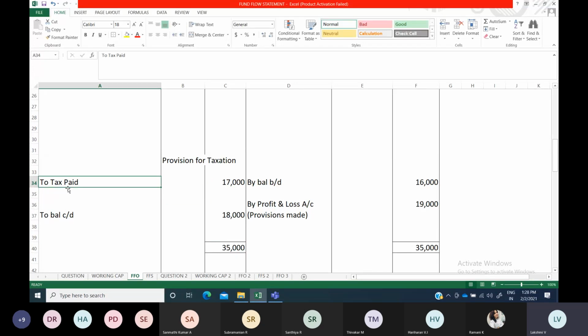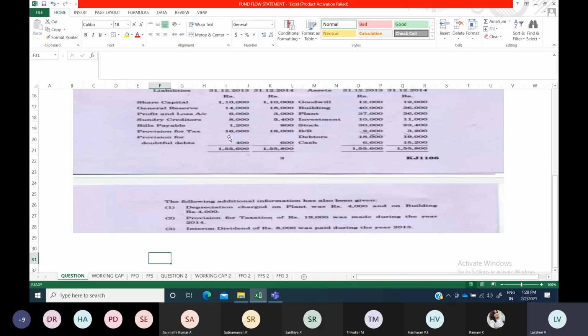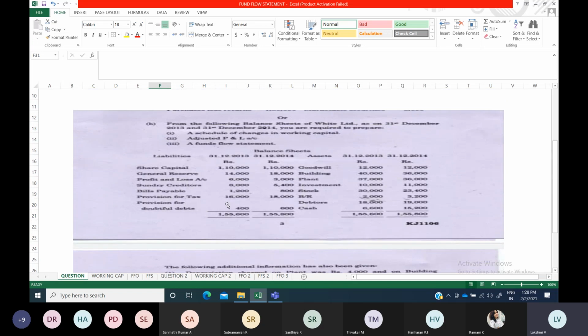Understand this well. See here in the question, the provision for taxation will be given to you on the balance sheet liability side. If it appears under the current liabilities heading, treat it as a current liability and take it to the first step, or else it is better to take it as a non-current liability.